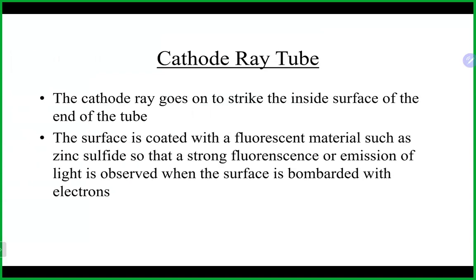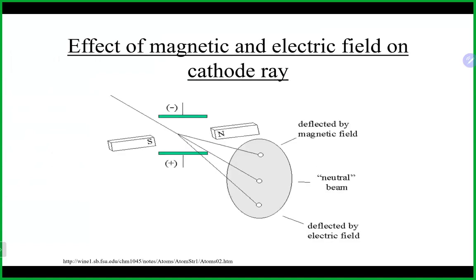As I mentioned before, sometimes it will hit the surface that's coated with some type of material so you can actually see what's going on. And as I drew a second ago, we could use a magnetic field and an electrical field, for example, to see what happens. So as we talked about before, if it bends towards the negative, or the North Pole, if you will, it's going to be more positive.